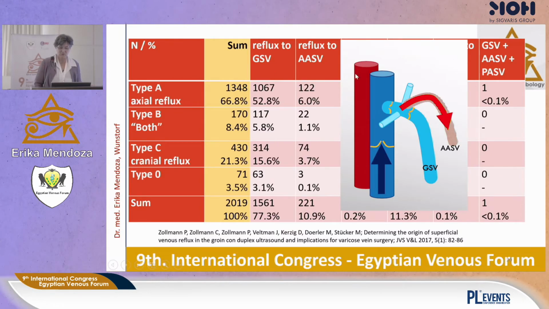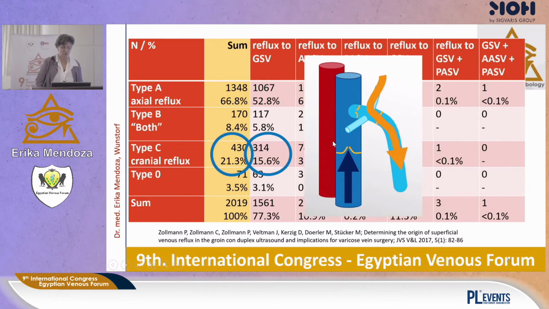The one draining to the anterior accessory was only 6% because in this office you have a wonderful Dr. Zollmann, Christine Zollmann, who does wonderful foam sclerotherapy, and most of the accessory veins were foamed. So if you ask me, in a normal phlebologic office, you will find more than 6% accessory anterior saphenous vein.